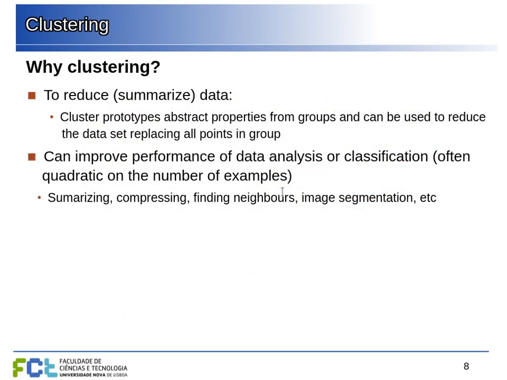So we can use clustering to find the structure in the data, to understand the data better, but also to summarize the data. We can use prototypes or representative examples to stand in for all the examples that are similar to those, and this can help us, for example, improve performance in other tasks by selecting only representatives of our data.